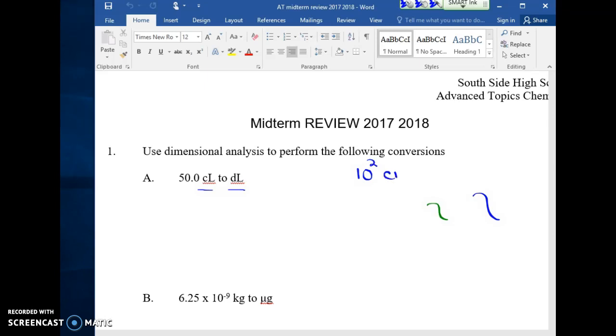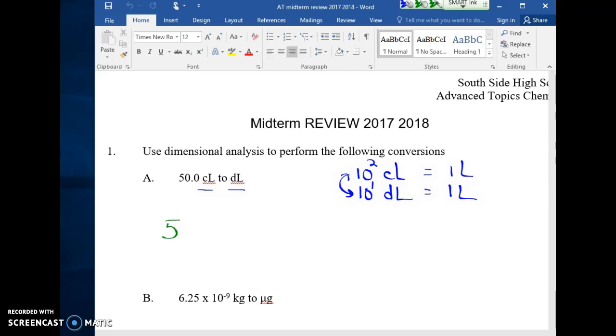There are 10 to the 2 centiliters in 1 liter. That's the base unit. And there are just 10, or 10 to the 1 deciliters in 1 liter. So that stands to reason that there are 10 to the 2 centiliters in 10 to the 1 deciliters. That's going to be the basis of my conversion factor.